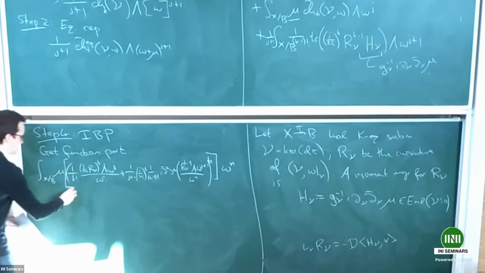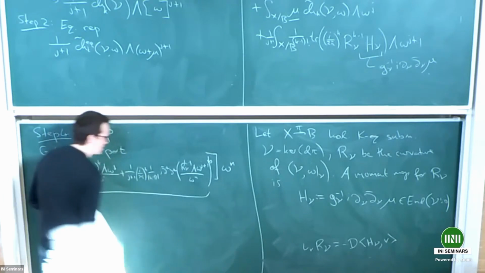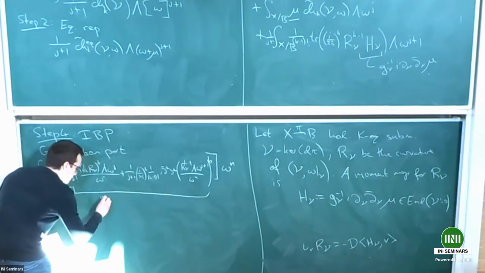Yes, so this down here, this big ugly thing in the brackets, is the moment map equation that we get.